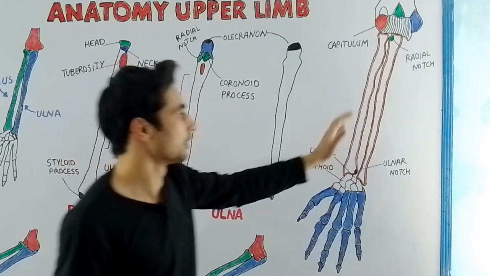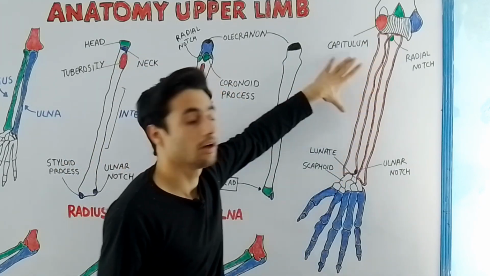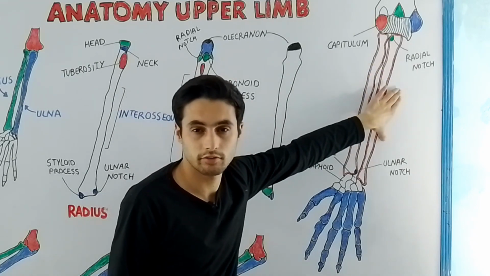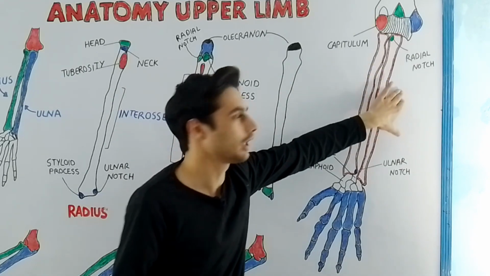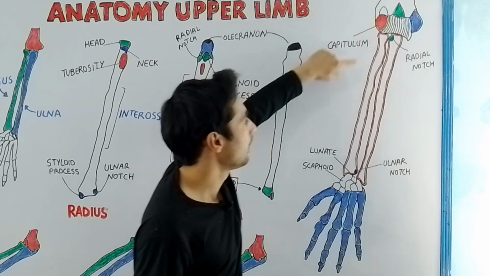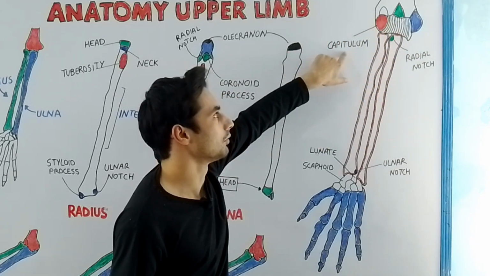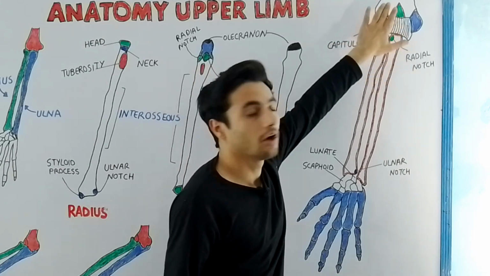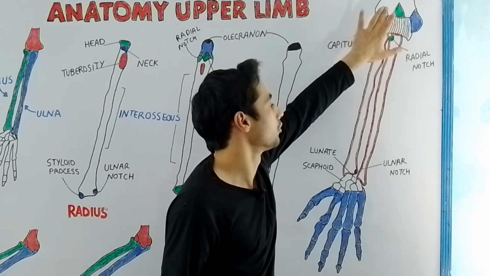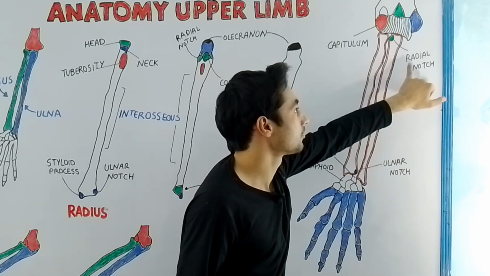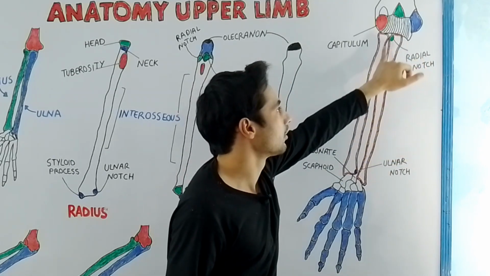Have a look. We know that on the lateral side, we have the radius bone, and the ulnar bone is present on the medial side. Now, proximally, the radius bone will articulate with the capitulum, this spherical portion of the humerus bone, and also with the radial notch which is present on the ulnar bone.